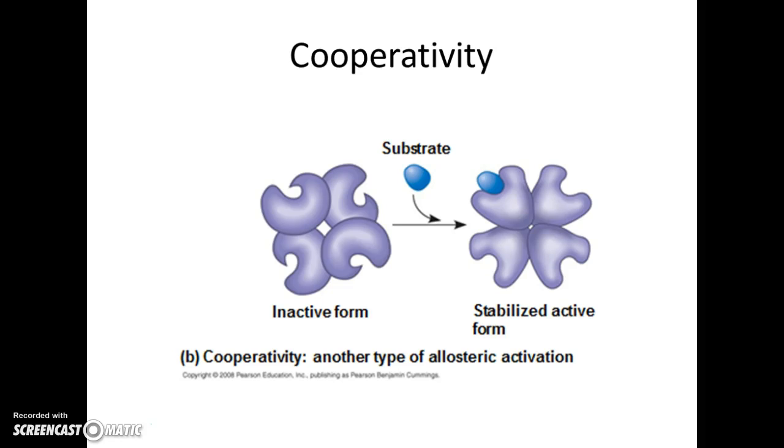So this is called cooperativity, where one substrate can bond in, and it actually enhances the ability of the enzyme's other active sites to do their job, provided the enzyme has multiple active sites.